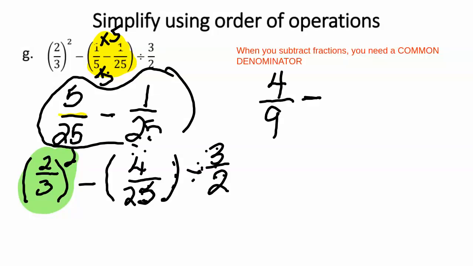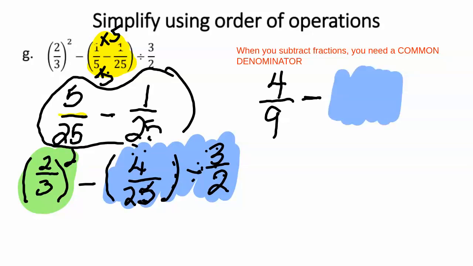minus. Now, what am I going to get over here? I have, in this case, these two blues have got to go here, which means I have 4/25.